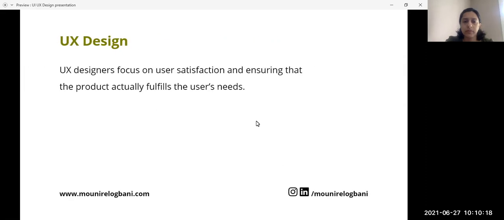So what is the UX designer? The UX designer focuses much more on user satisfaction and ensuring that the product is fulfilling the user's needs, because the UX designer is like an advocate for what users need and want.